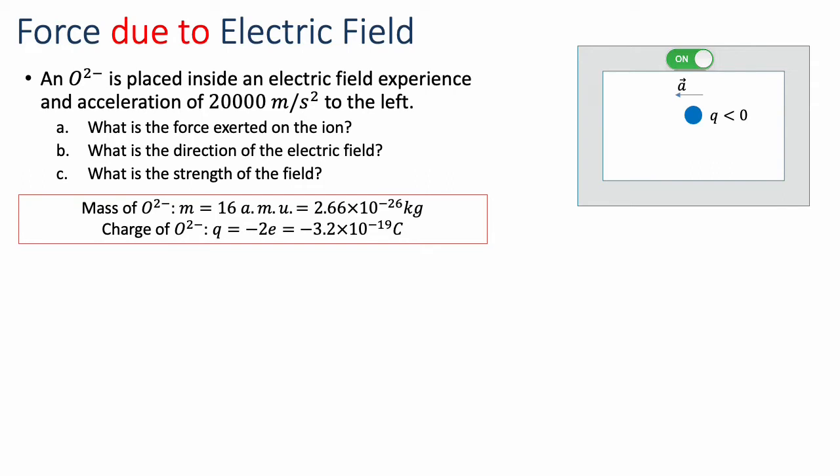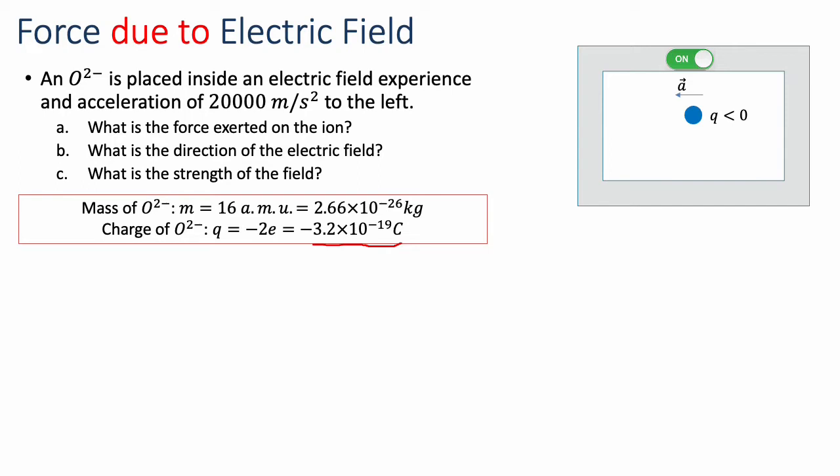So we substitute that in kilograms, and it is 2.66 times 10 to the negative 26 kilograms. The charge is minus 2e because it gained 2 extra electrons, and e is 1.6 times 10 to the negative 19. So that's minus 3.2 times 10 to the negative 19 coulombs. Now, what is the force exerted on the ion?